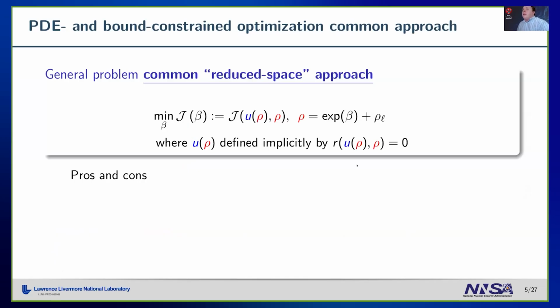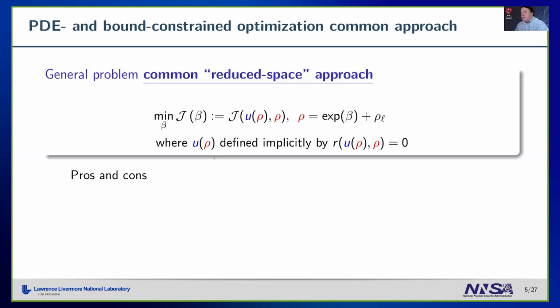Okay. A common approach that I've seen in the PDE constraint optimization community for solving such problems is to do two things. One is to eliminate the PDE constraint. That is, the idea that we can just optimize over, say, the parameter, and due to the uniqueness properties of the PDE, we know what the PDE solution U is for any given rho.